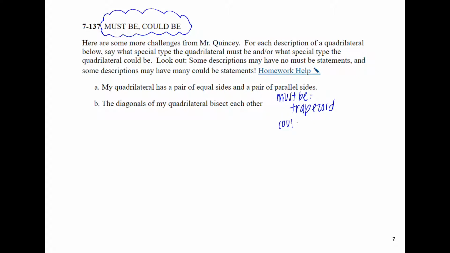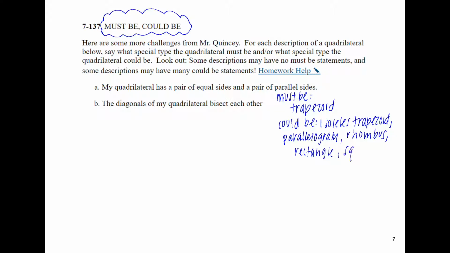However, it could also be an isosceles trapezoid, a parallelogram, a rhombus, rectangle, or even a square. So remember, for the could-bes, we would just need some more specific information to define those quadrilaterals.